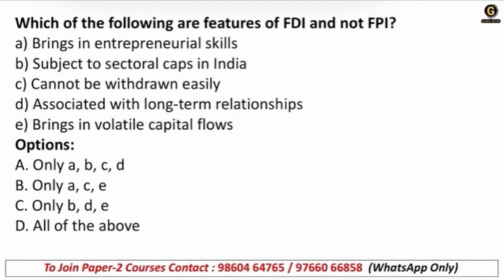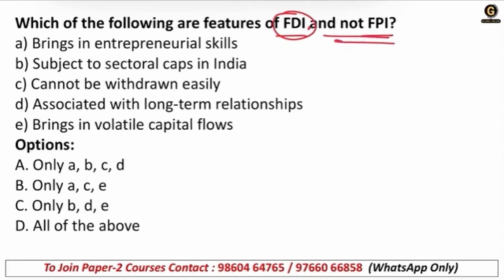Next, which of the following are features of FDI and not FPI, right? This is kind of a confusing question. If it is asking for the features of FDI, why have they written not FPI? They could have said which of the following are features of FDI only, and then full stop, nothing else.